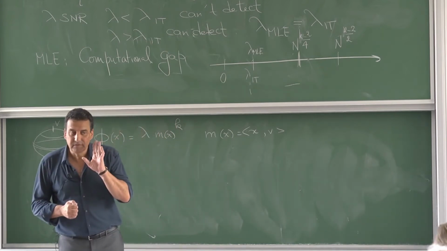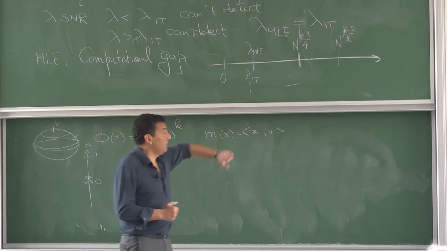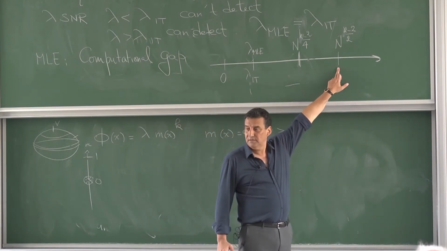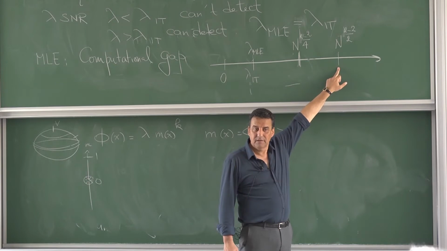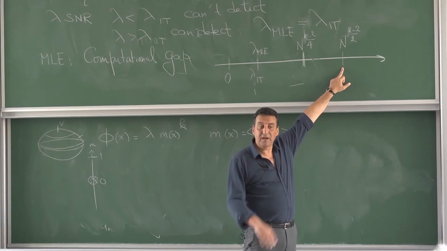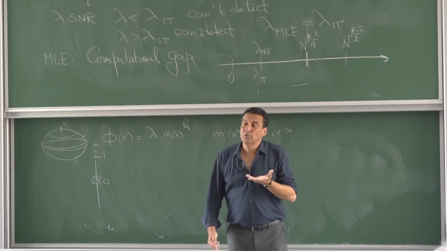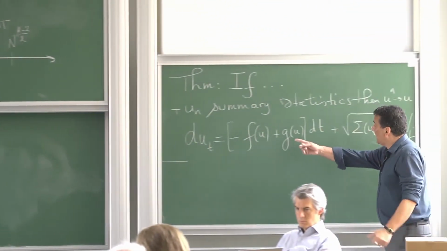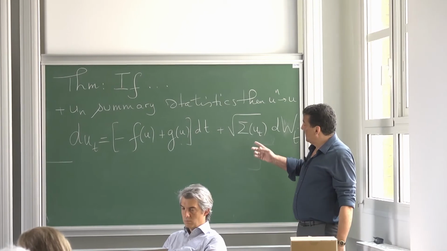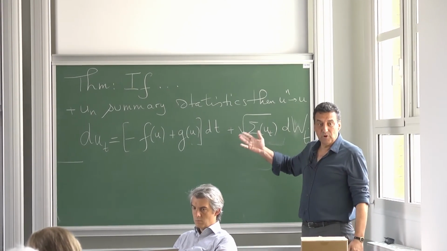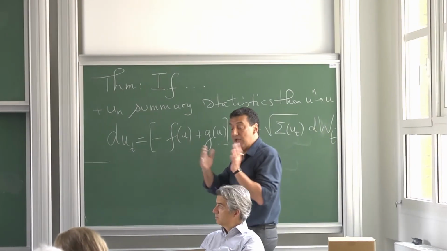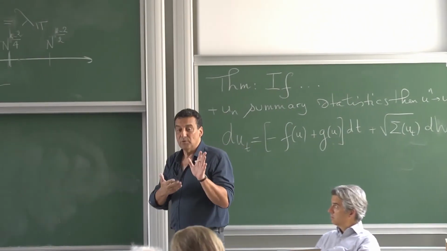You find what you should find. And in particular, if you put your lambda, your signal-to-noise ratio, in the right scale, then you find a critical value. So let me say why. If you put yourself in this scale, what you will find here in the end is an Ornstein-Uhlenbeck process, which would transition from being stable to unstable.